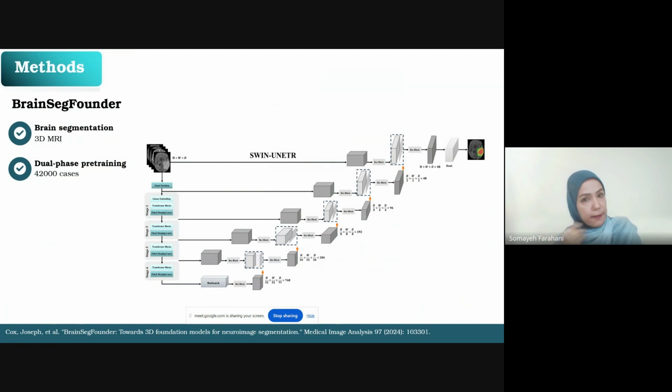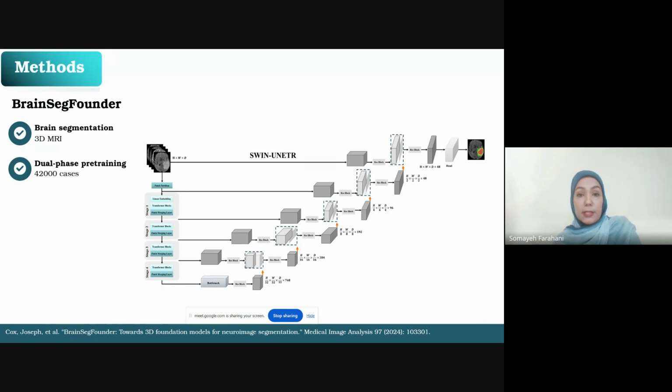Before going further, let me explain what I mean by a foundation model and by a specialized foundation model. In general, foundation models use self-supervised learning on larger scale unlabeled dataset and can then be fine-tuned for a specific task with only a small amount of labeled data.